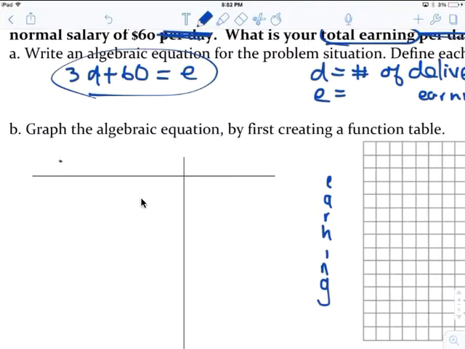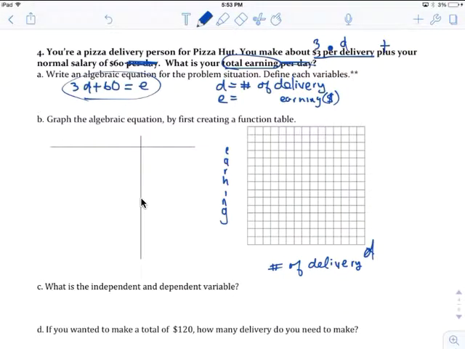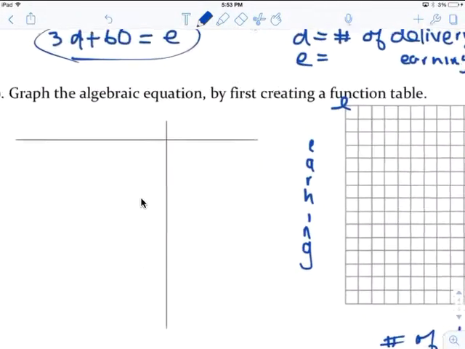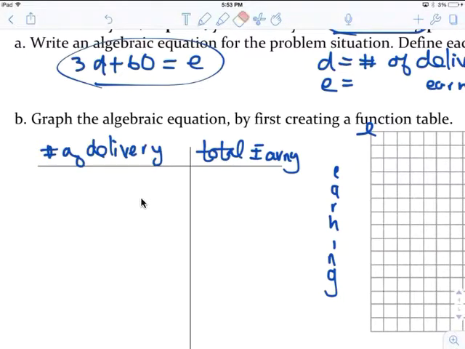So here's your X, here's your Y. Well, not X and Y, it's D and E. D is the number of deliveries. E is your total earning in dollars.